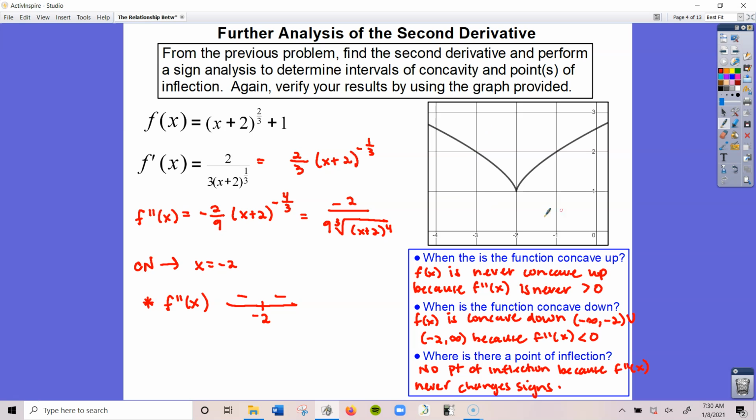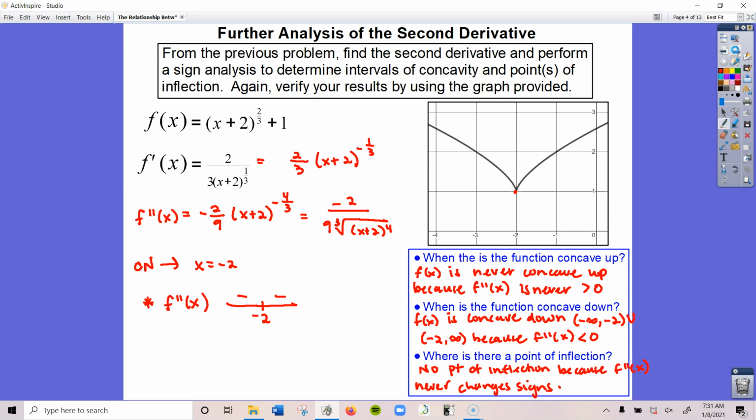And again, I have the graph here so you can see exactly what we were talking about. Here is negative 2. And as you can see, both sides of negative 2, the graph is concave down. But because this is undifferentiable, it is a cusp, and therefore there is no point of inflection because it did not change concavity.